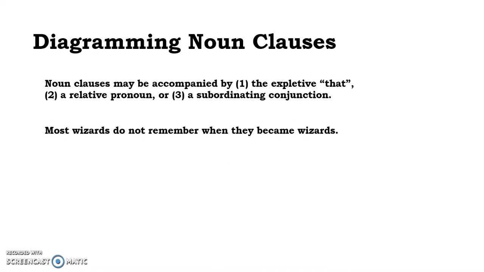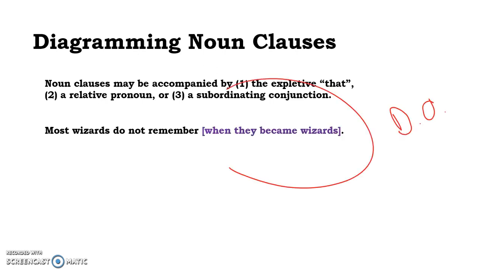Okay, here we're going to diagram a subordinating conjunction in a noun clause. Most wizards do not remember when they became wizards. There you have it. Well, this last bit is the direct object because it's what most wizards do not remember. Do not remember, that's our main verb structure. Not, we have to note, is actually an adverb, a negative adverb that goes beneath the verb structure.